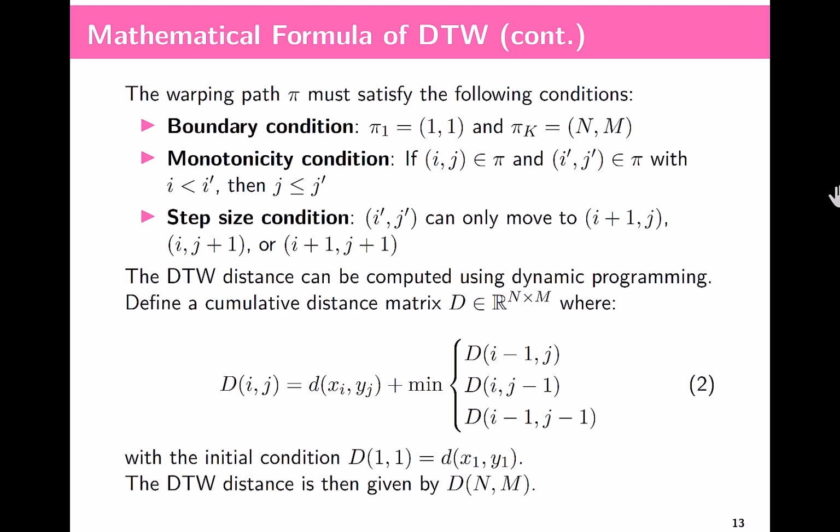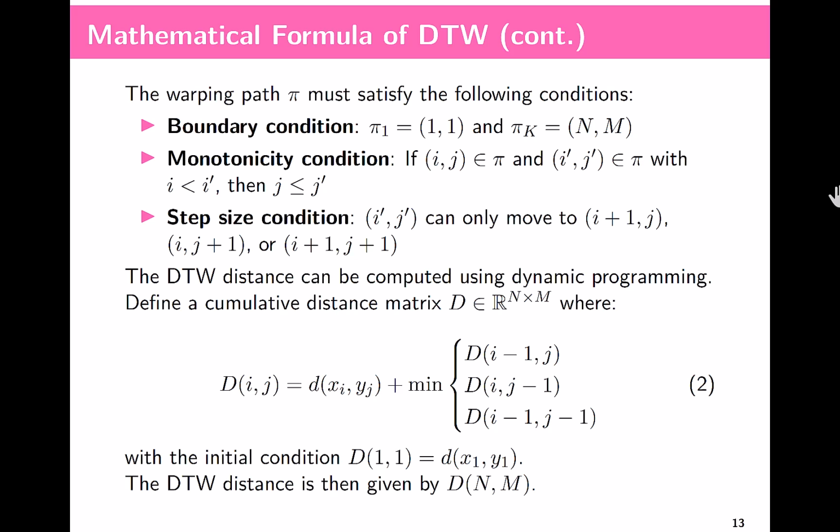Monotonic condition: if (i, j) and (i', j') are in pi, then i has to be less than or equal to i', and j has to be less than or equal to j', meaning that you're moving forward, you don't go backward, right? Step size condition: (i, j) can only move to the next one, (i+1, j), or (i, j+1), or (i+1, j+1).